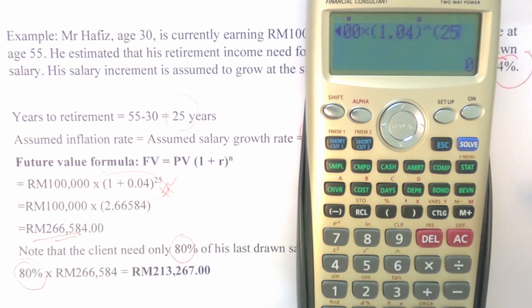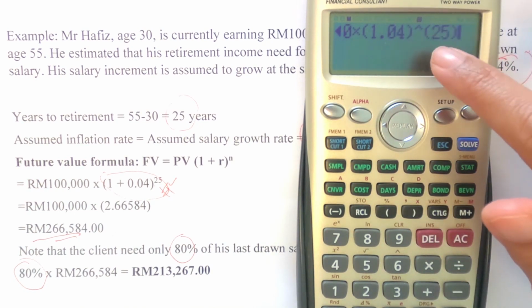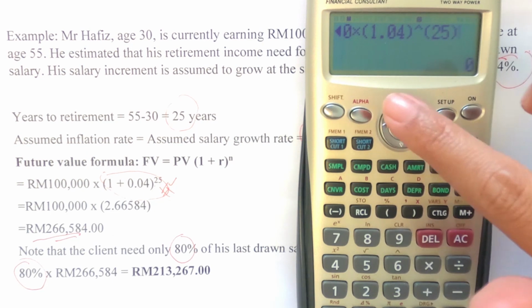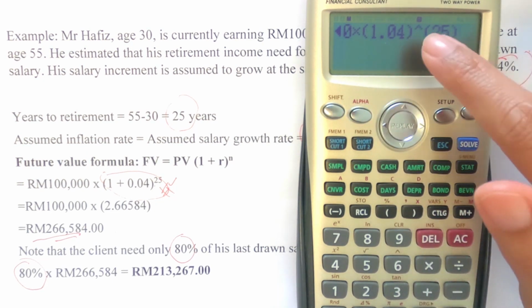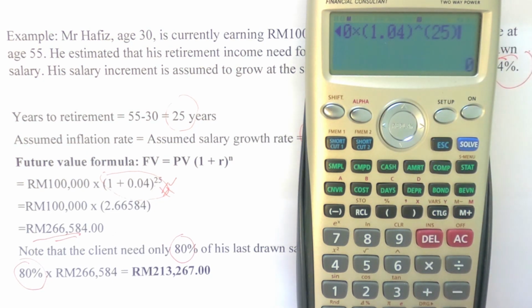Now the power is 25. We have 1.04 set, you go to shift 6, then you get this and the power of 25, and you execute, and you can see here 266,584.